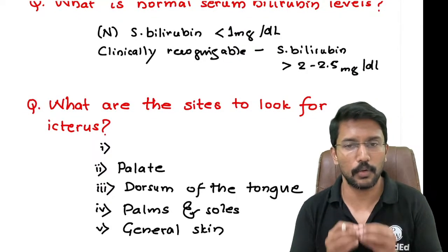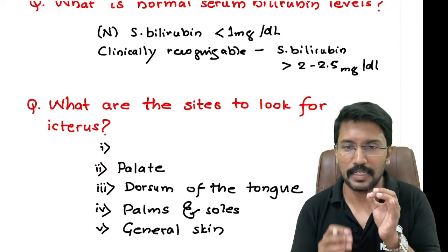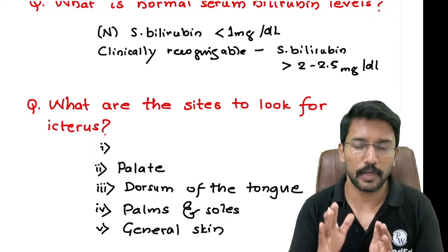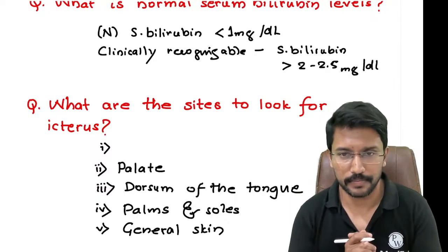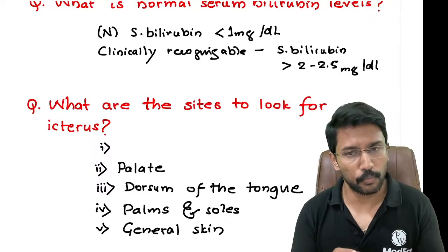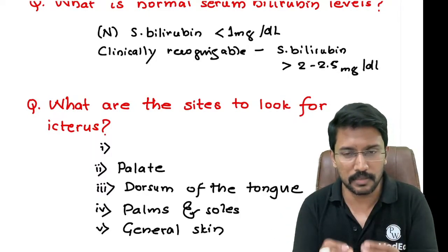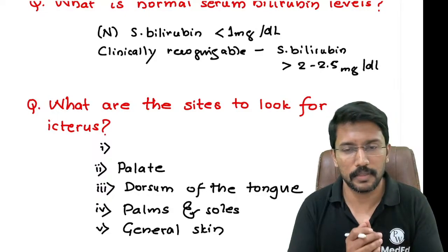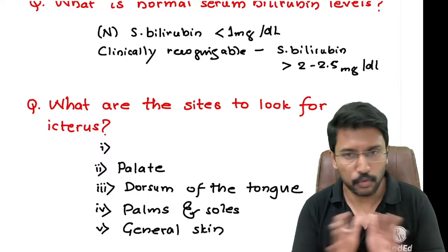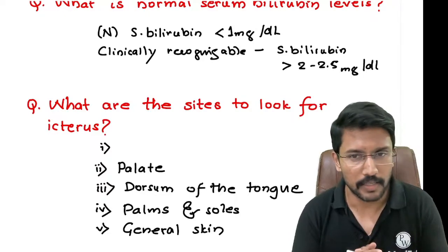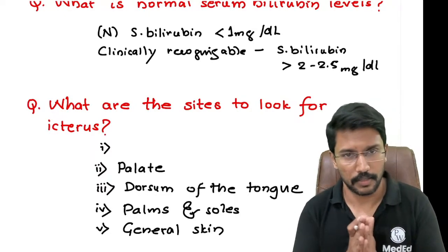Most of us will be able to identify that this person's skin or conjunctiva is looking yellowish when it is 2.5 milligrams per deciliter or higher. Some older books mention 1.5, but when objective studies were done, asking experienced clinicians to identify whether a patient has jaundice or not, most of us were not able to recognize it until the bilirubin level was past 2.5 milligrams per deciliter.